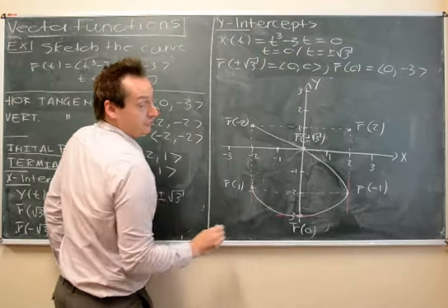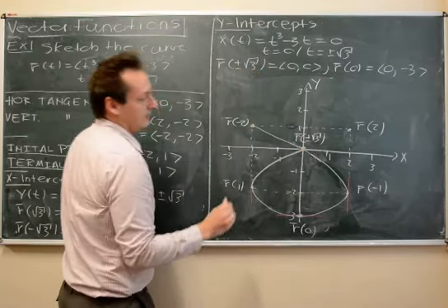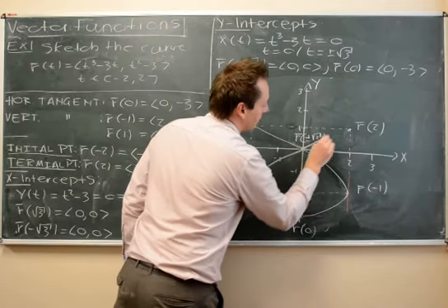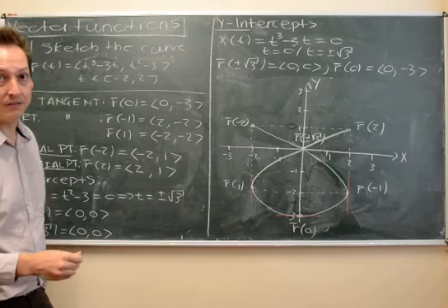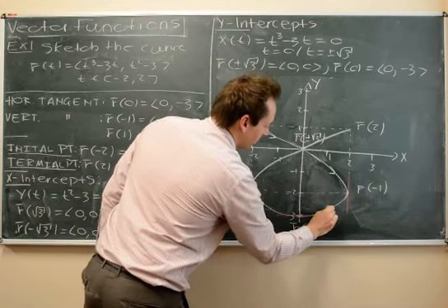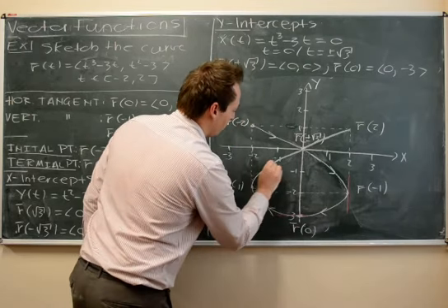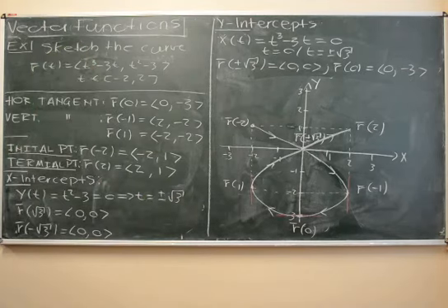Next point is r of plus root 3. And the last point, r of 2. So now we just have to indicate the direction of the curve. We start at the smallest value, work our way towards the biggest. And there you go.